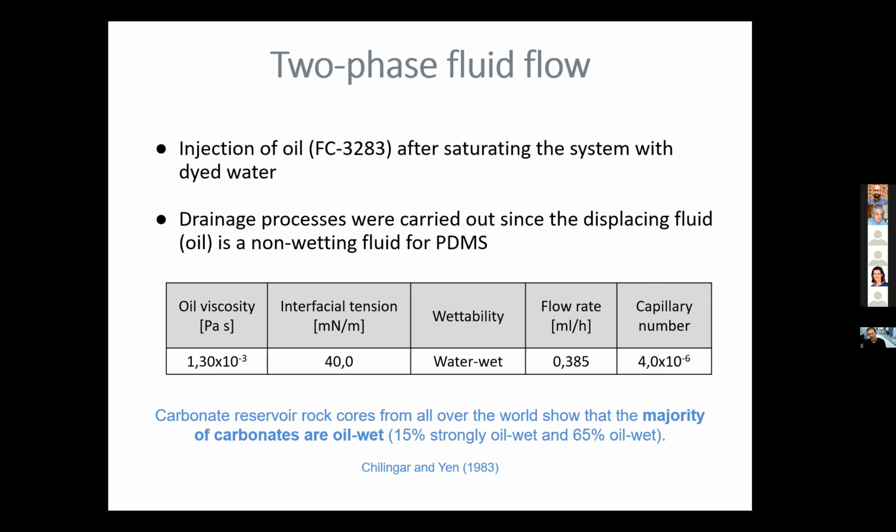In this circumstance, the oil is a non-wetting fluid for the PDMS, so we have a water-wet system. The capillary number is around 10 to the -6. It means that you are working with a capillary dominated regime, so capillary forces are dominant in the system.